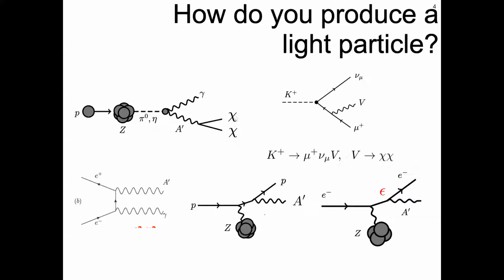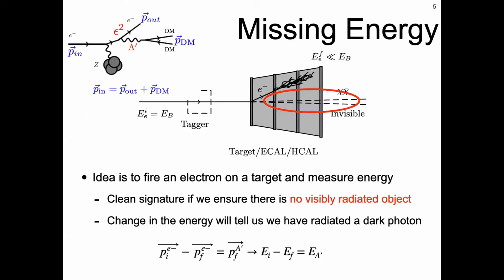You can look at them at an e plus e minus machine in a monophoton analysis. You can look at them by scattering protons off nuclei, having them bremsstrahlung a dark photon, and you can also do it with electrons on nuclei. I finished somewhere in the middle of talking about these different decays.